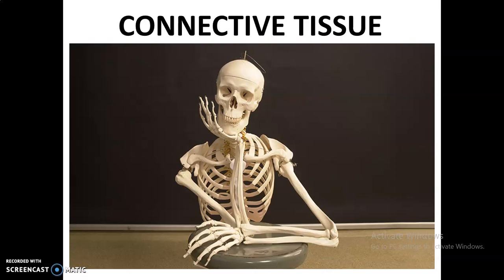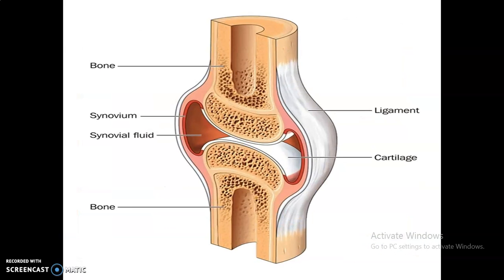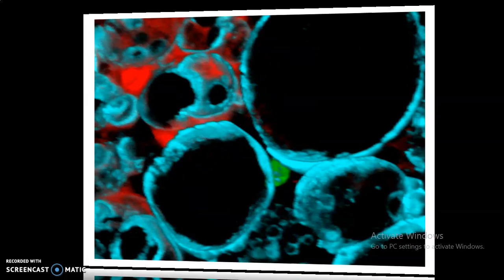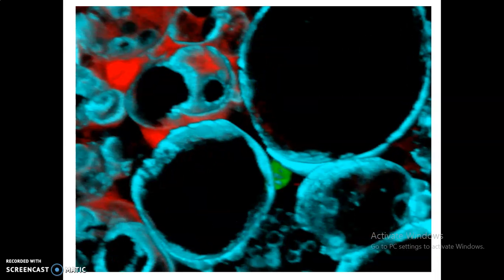They range from soft tissues to specialized types, which include bone, cartilage, blood, adipose, etc.